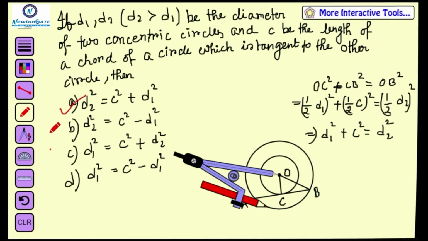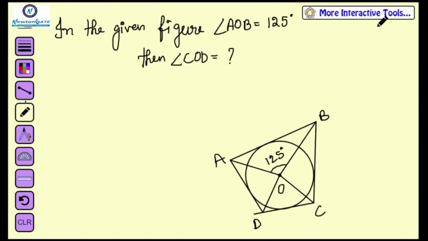Now we move to the next question. In this question, we will find the value of angle COD. And we know that opposite sides of a quadrilateral circumscribing a circle subtend supplementary angles at the center. So angle AOB plus angle COD equals 180 degrees.